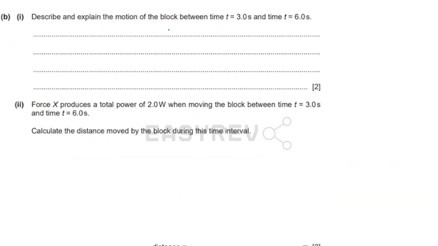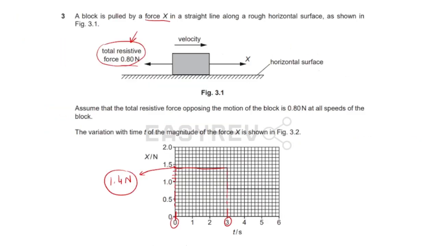Describe and explain the motion of the block between time t equals 3 seconds and time t equals 6 seconds. So let's see. From 3 to 6, we can see that the force X had to drop from 1.4 to a new value that is 0.5, 0.6, 0.7, 0.8 newtons.